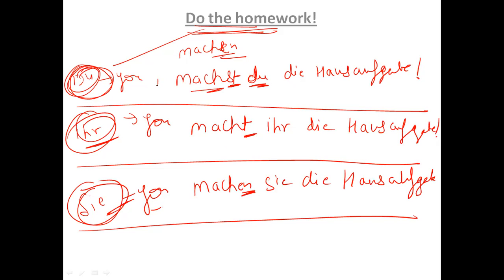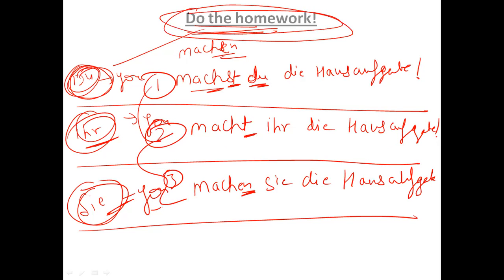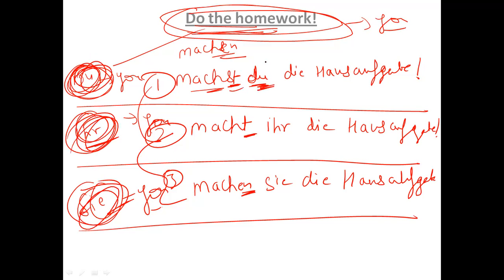Machst du die Hausaufgabe, macht ihr die Hausaufgabe, or machen Sie die Hausaufgabe. All three sentences give you the same meaning. The meaning is do the homework, because "you" is silent here. So here du is also you, ihr is also you, Sie is also you.